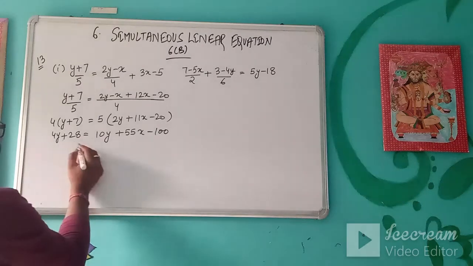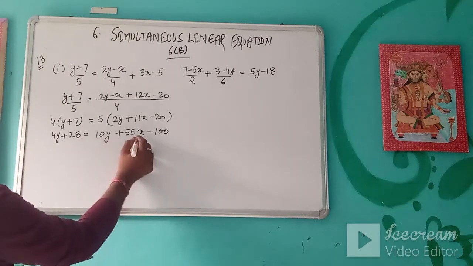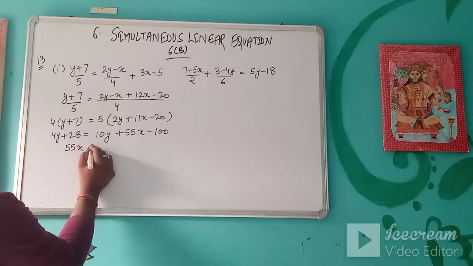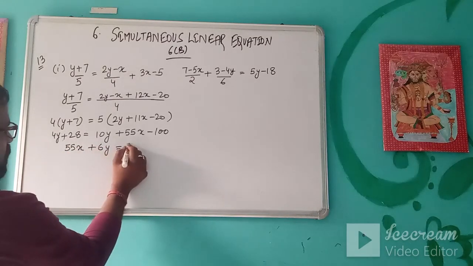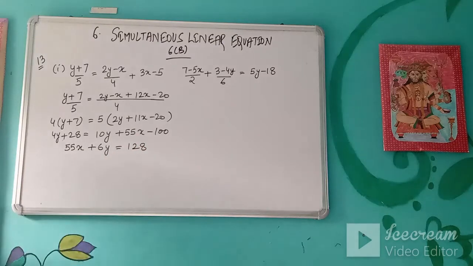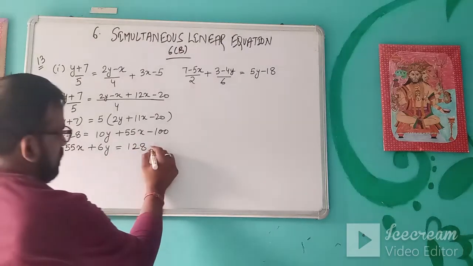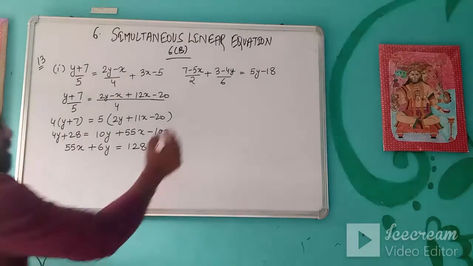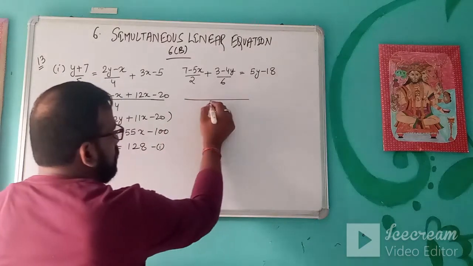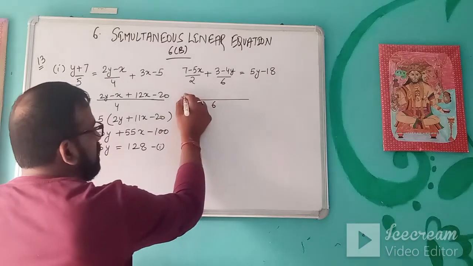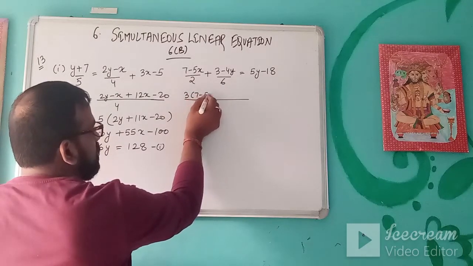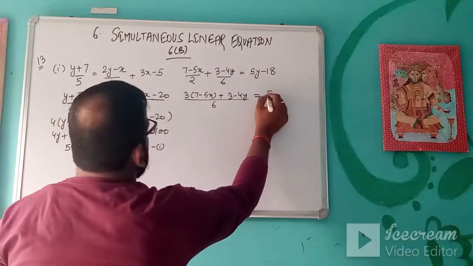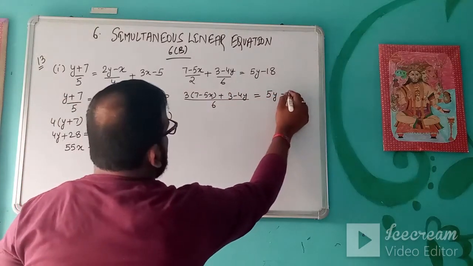So finally I will take it like this: 55x plus 6y equal to 128. See, this will be our first equation. Similarly, here I will take the LCM of 2 and 6. It will be 6. So it is 3 into 7 minus 5x plus 3 minus 4y equals 5y minus 18.